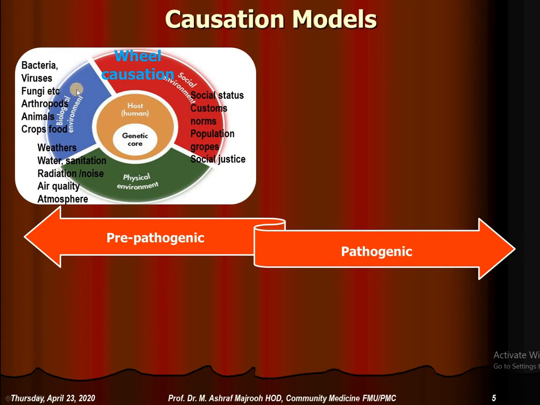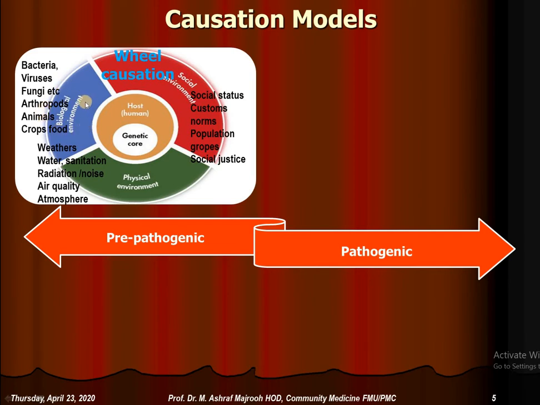The most important factors related to the social environment are the social status, customs, norms, population, genotypes, and social justice. Related to the physical environment are the weather, water and sanitation, radiation and noise, air pollution, and atmosphere.